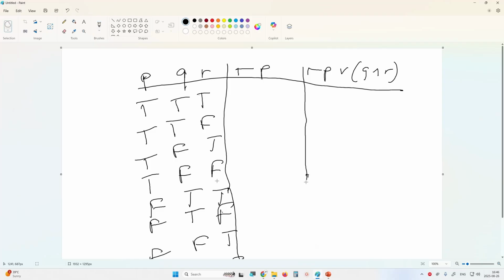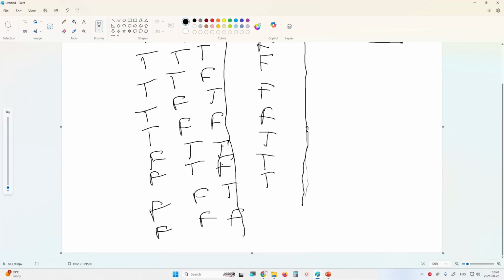Okay, so for every T here, it becomes F. The not P. I'm going to only focus on P, and so I'm going to have F, F, F, F, and then T, T, T, and go down a little bit, and then T.